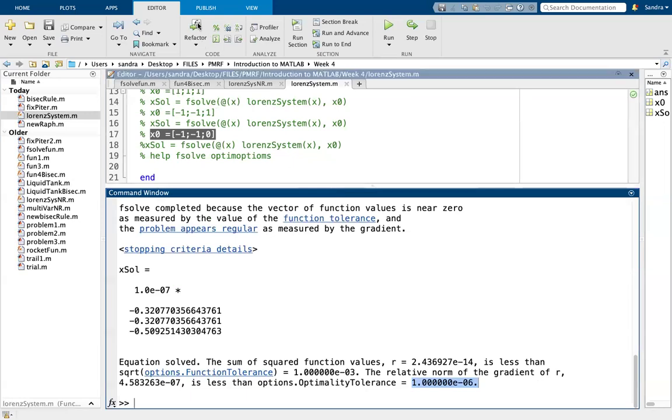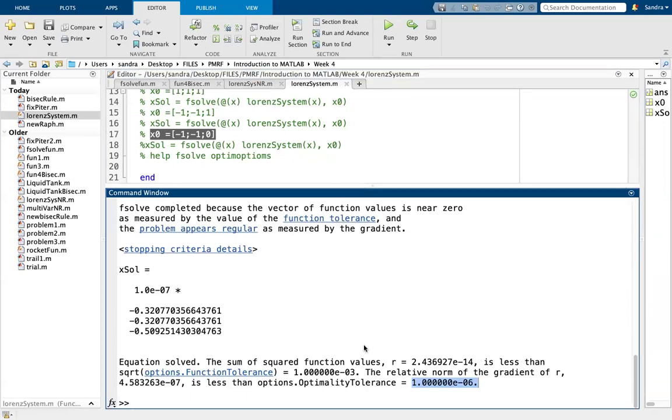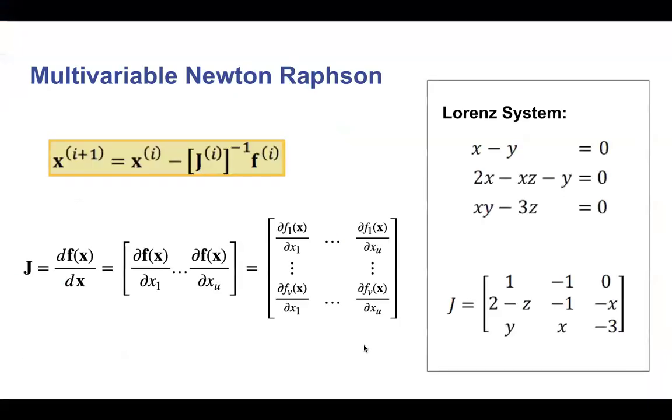Now let's see how to use the Newton-Raphson method for these multiple equations. Just like we solved for Newton-Raphson earlier, what was the equation that we used? Let me just annotate.